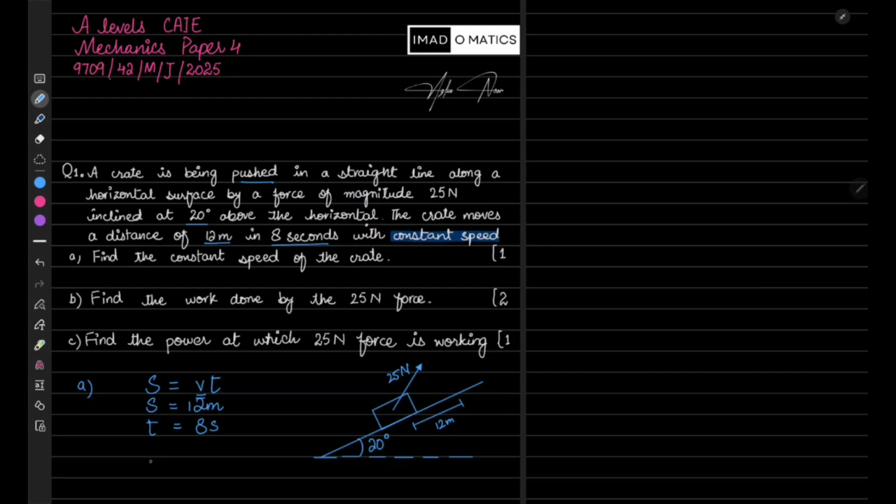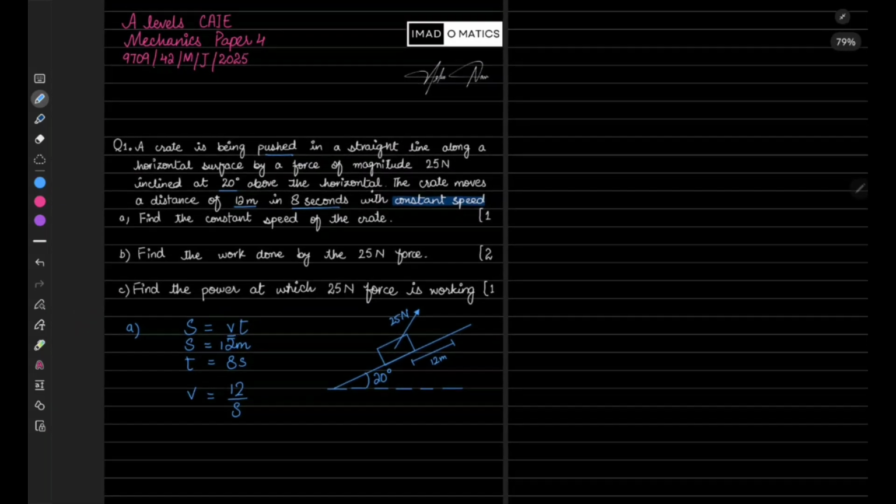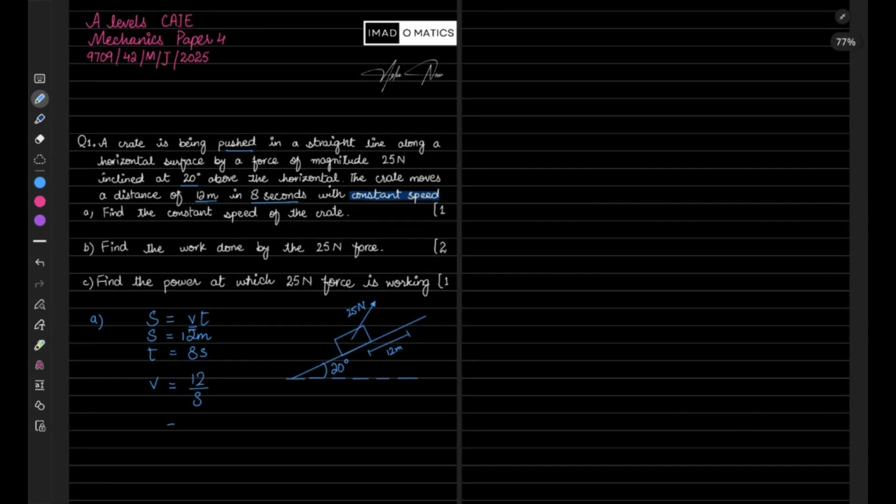So we will get V equals 12 over 8, that gives us 3 over 2 meters per second, or 1.5 meters per second.